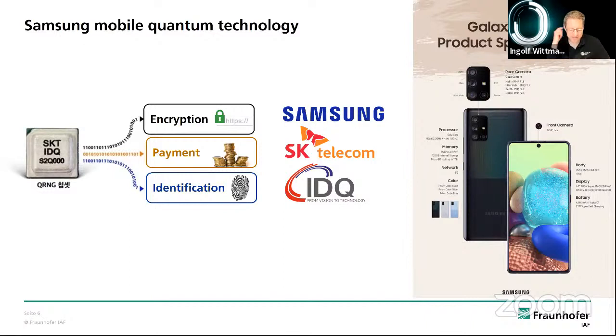So the quantum random number generator chip is built in a Samsung Galaxy A quantum system, which is renamed meanwhile to Samsung Galaxy A71 5G, and you see the picture on the right side, and that's really available, and it's proven random regarding the numbers which are generated here from that chip.